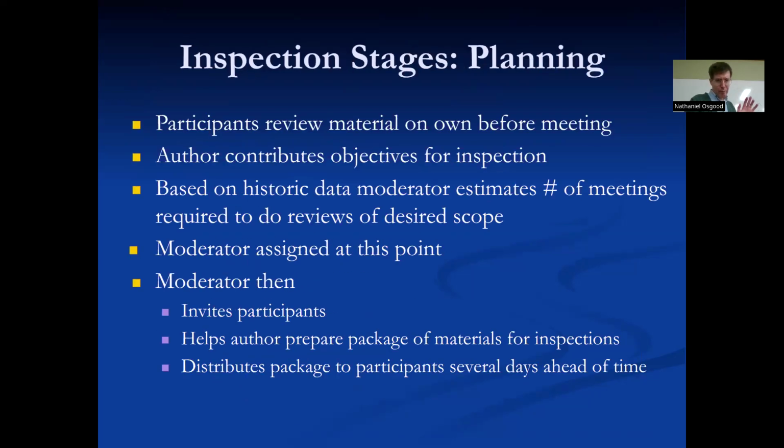Okay. So on the planning stage, generally you want people to have reference to the thing to be reviewed well ahead of time. And then essentially it's a planning meeting where the author says, okay, what's the goal here? We're trying to find memory leak problems in this code.